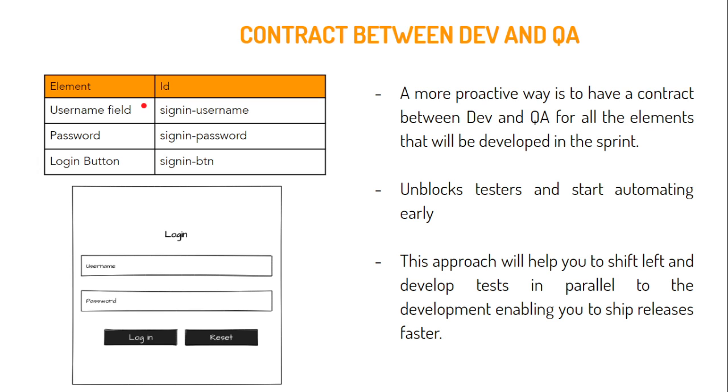I need not wait until the UI is ready. This will unblock testers and help us to automate early, and it will also help us to shift left. These are some of the things that you can do. Of course, feel free to experiment, and based on your observations, you can take necessary steps to tweak these approaches, or you can come up with your own approach to embrace in-sprint test automation.